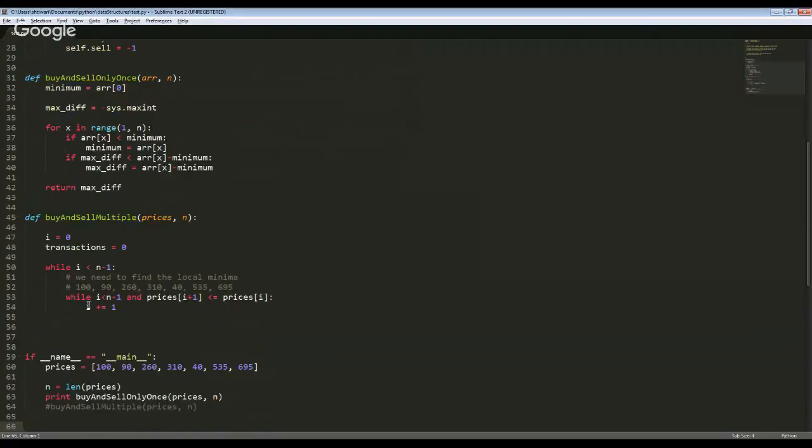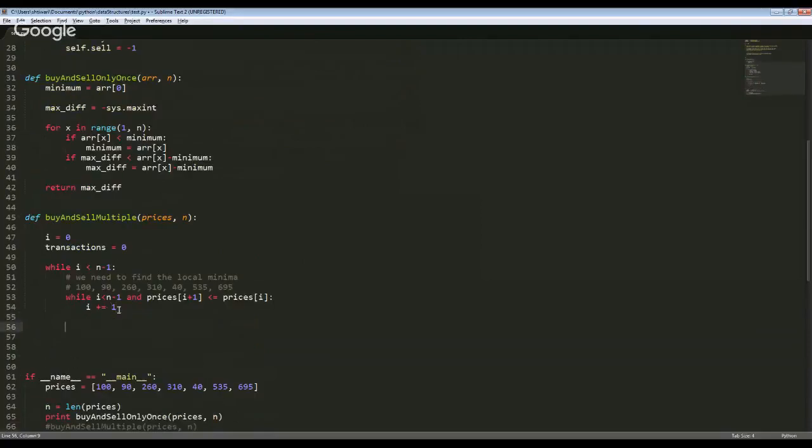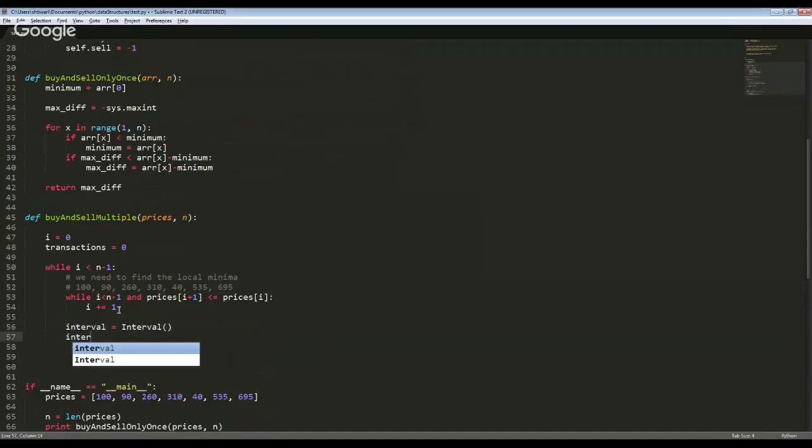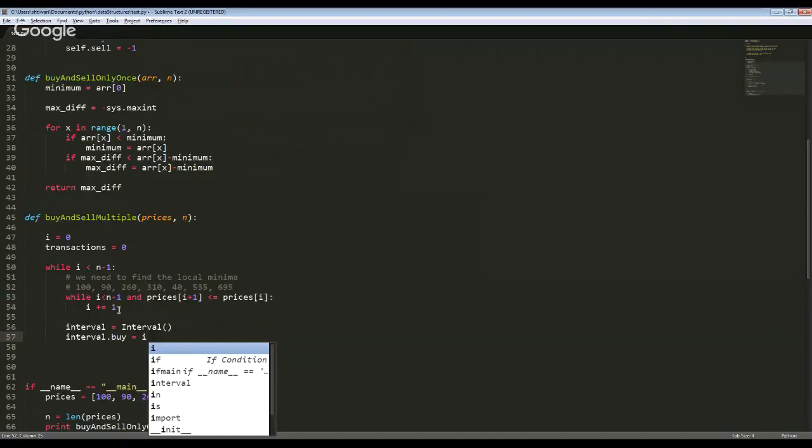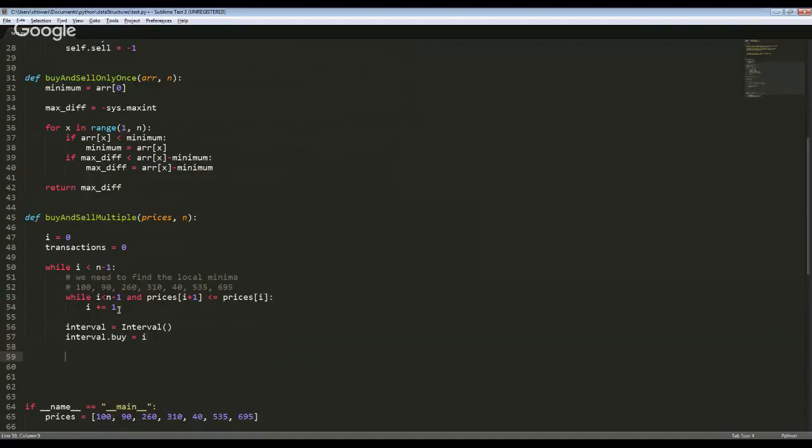So we will be buying on the ith day, right? And then there is this constraint that we cannot sell the stock on the same day. So we can increment i because we cannot sell the stock on the same day.